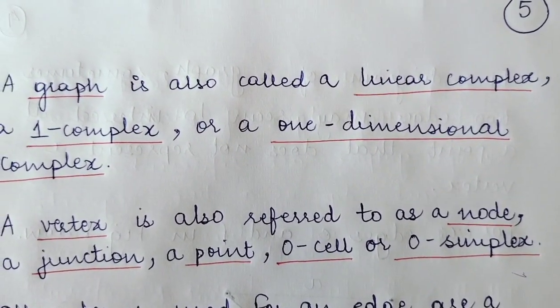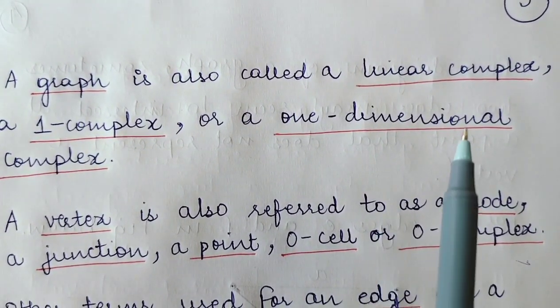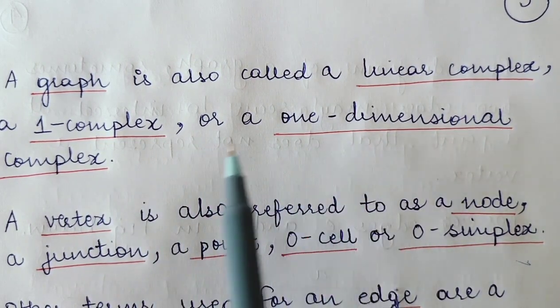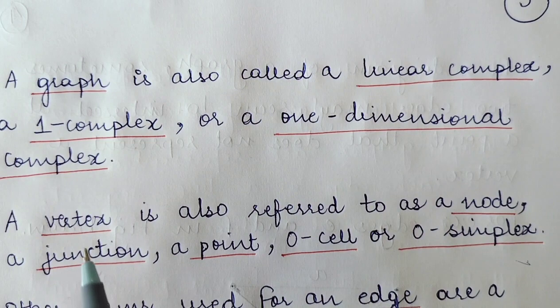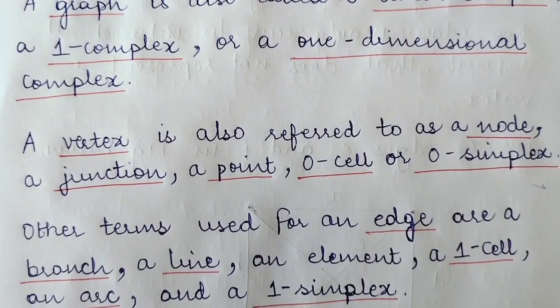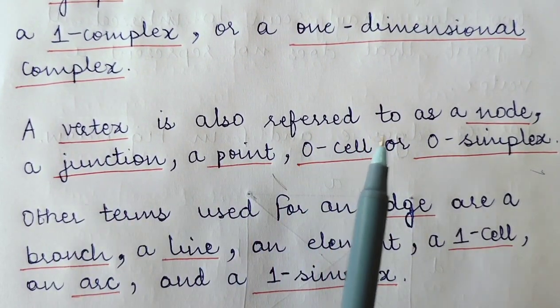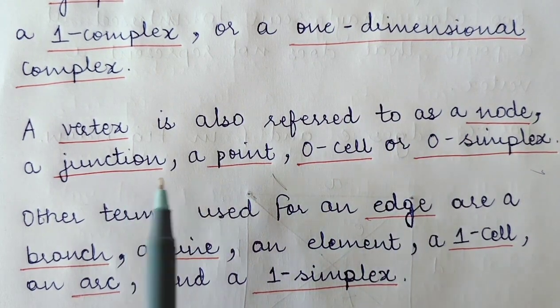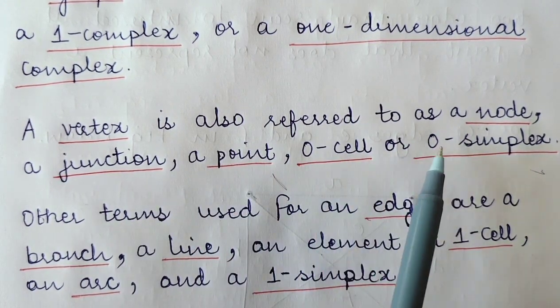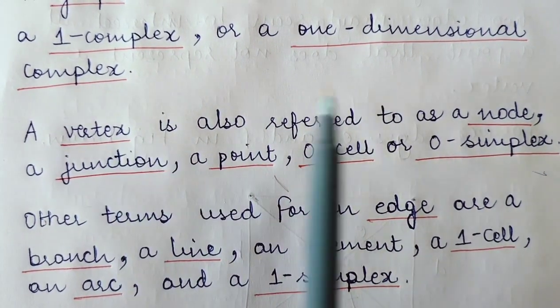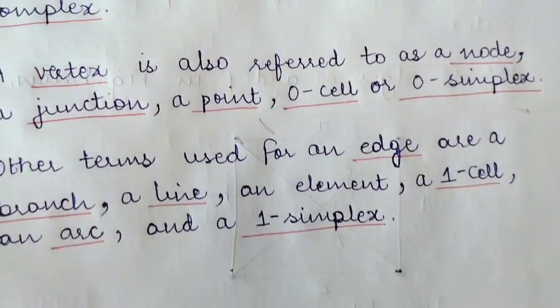A graph is also called a linear complex, one complex, or a one-dimensional complex, though the most commonly used name is graph, and we will also refer to it as a graph throughout the videos. A vertex is also referred to as a node, a junction, a point, zero cell or zero simplex, but most commonly we call them vertices or nodes.